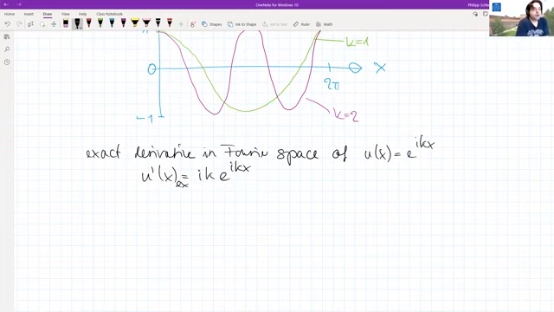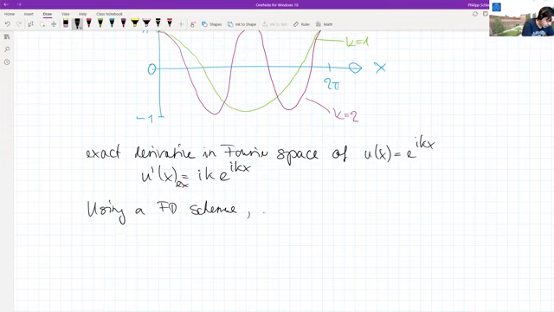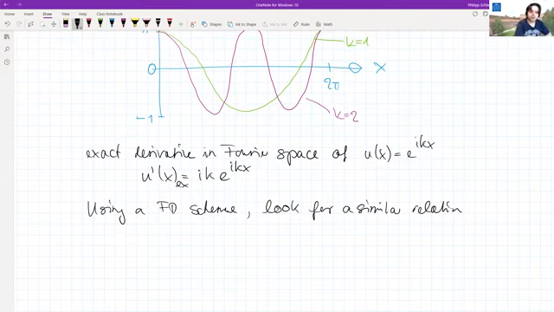So in the best of worlds, if I had a perfect finite difference scheme, this would be the derivative that the scheme would give me. But unfortunately, this is not the case. So using a finite difference scheme, the idea is that we should look for a similar relation as the one that I have just gotten for the exact solution.